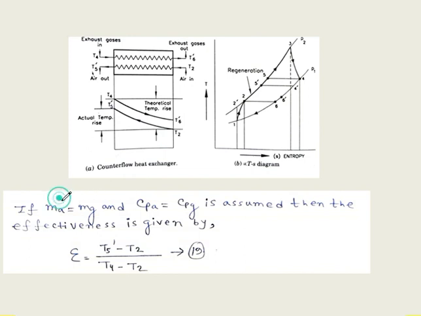If Ma equal to mg and CPA equal to CPG is assumed, then the effectiveness is given by this equation, that is equal to (T5 dash minus T2) by (T4 minus T2).